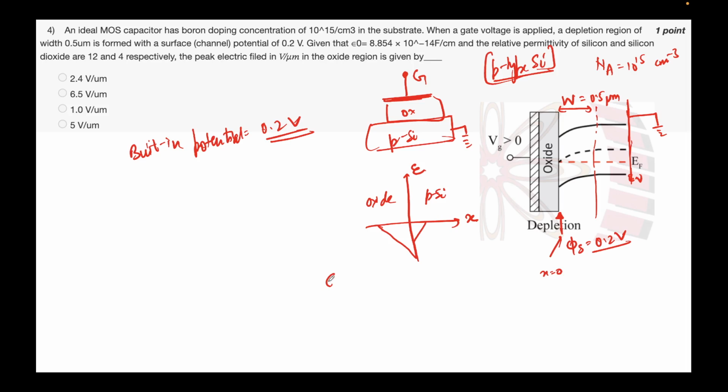We had seen that epsilon oxide times electric field in oxide must be equal to epsilon silicon times electric field in silicon. I am assuming there are no interface charges, which is where this term ideal MOS capacitor comes into the picture. So we are required to find the electric field in oxide.